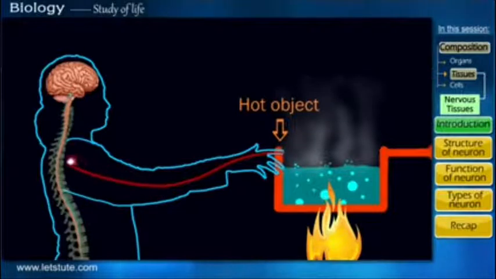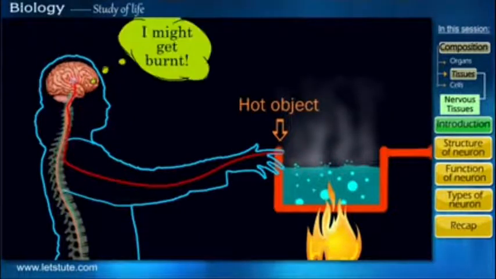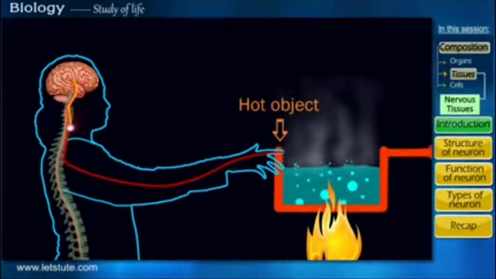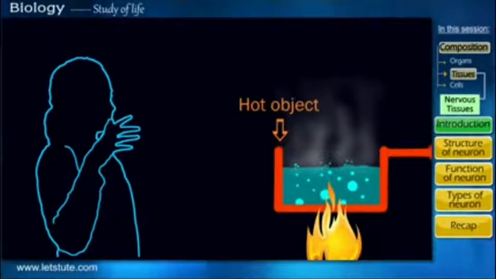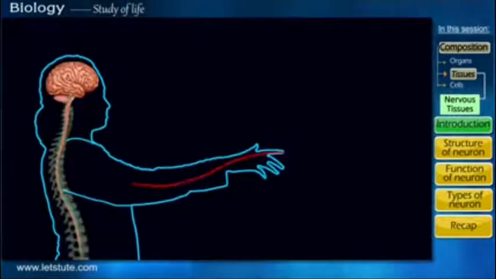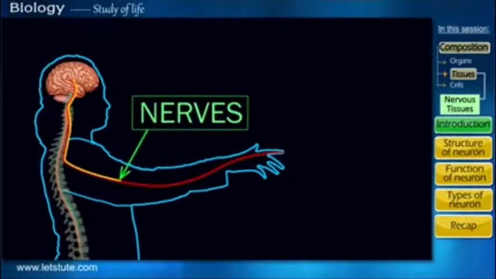If you touch the hot substance, a nerve takes that stimulus to your brain through the spinal cord, and the brain thinks and gives the response. Again it comes back to the hand and you withdraw your hand. This all happens within a fraction of a second.